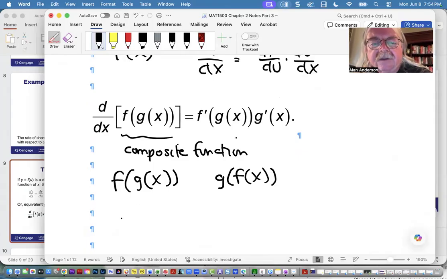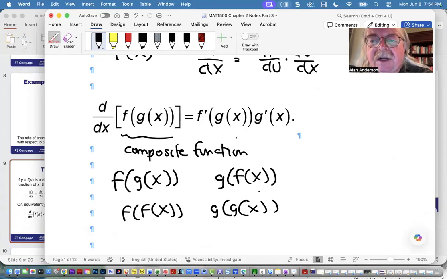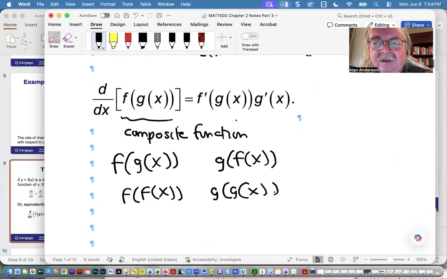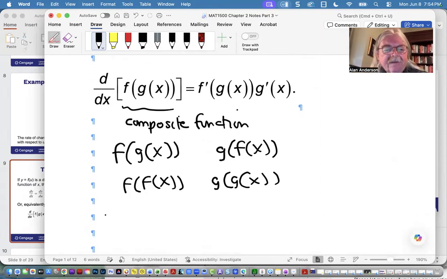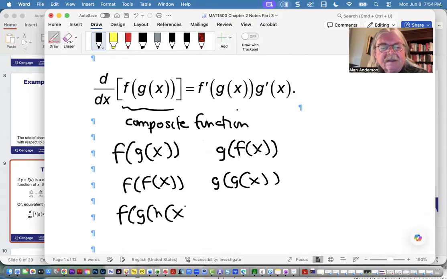And then it can really get interesting. We could have f of x, we could have g of x. And we can also have a composite function consisting of even three or more functions. For example, we could have f of g of h of x or something like that. So the number of possibilities is endless.